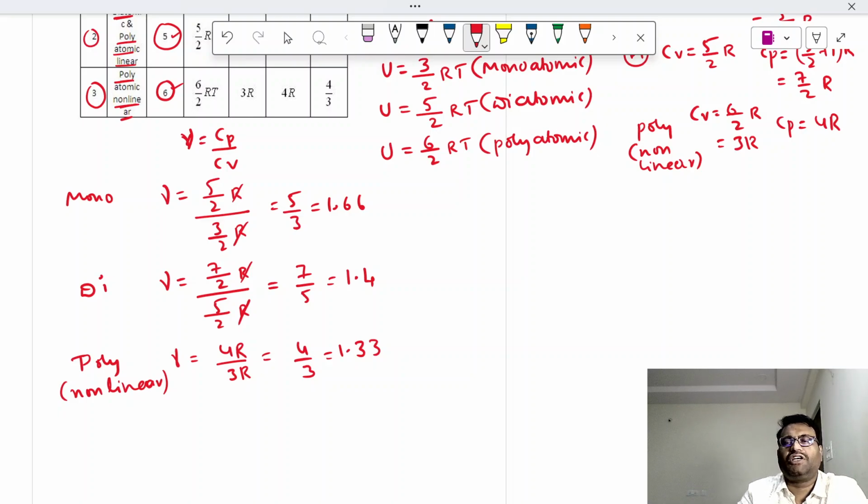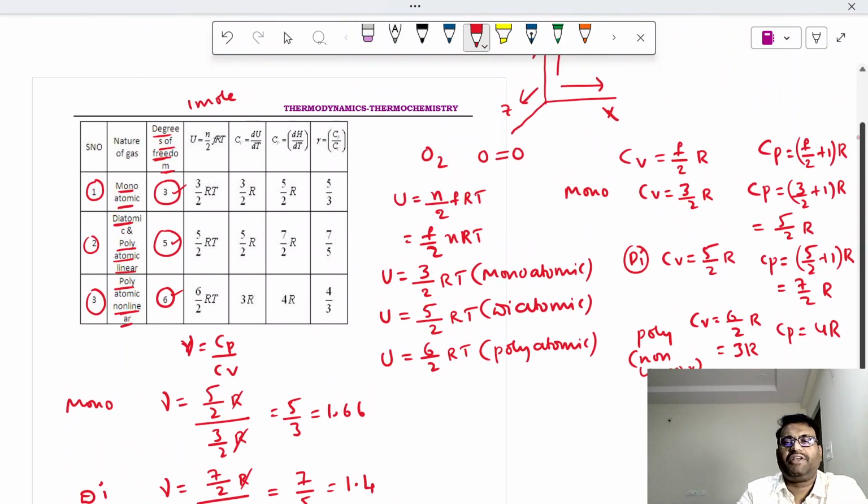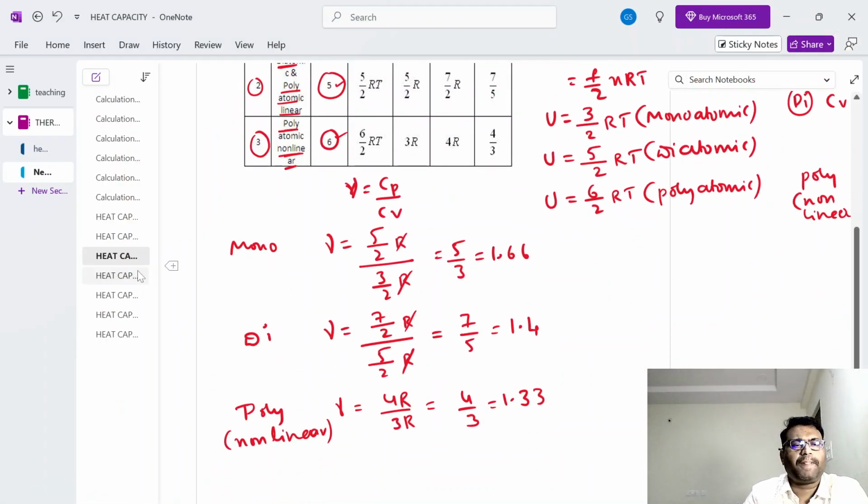So this is how to calculate gamma, Cp, Cv, and U. So those are the concepts regarding heat capacity.